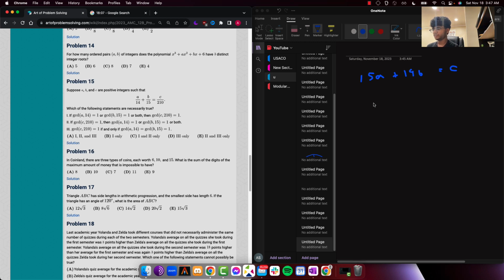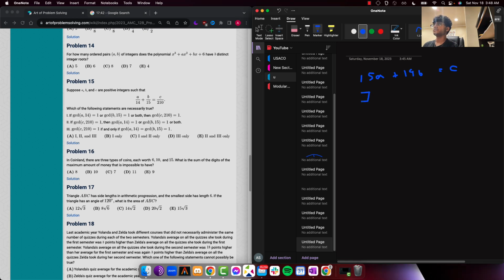Because when you factor out a 210, then C has to be divisible by 210. So this is definitely not true. So I is wrong.